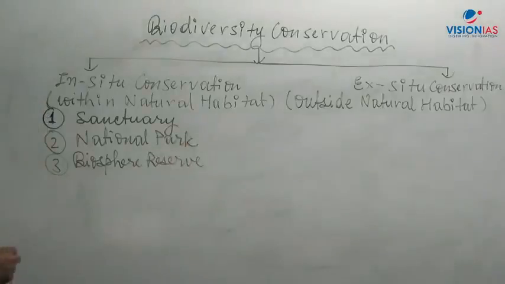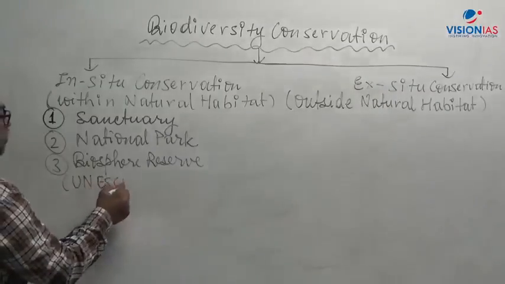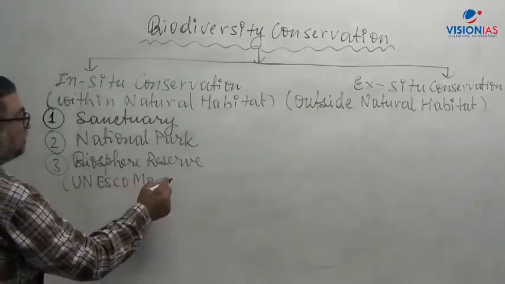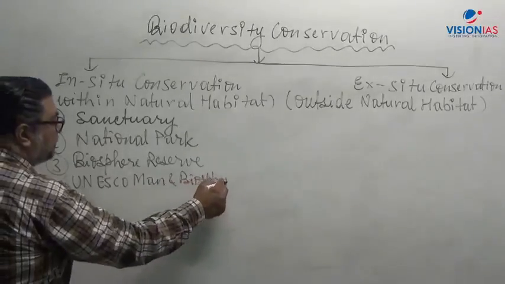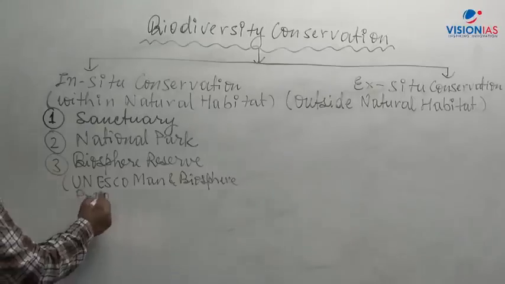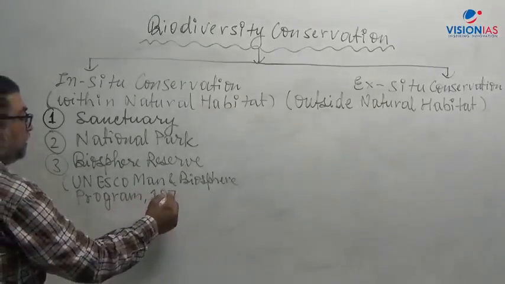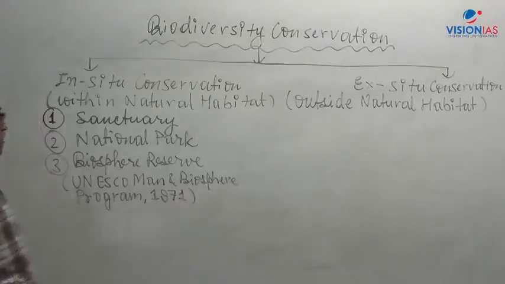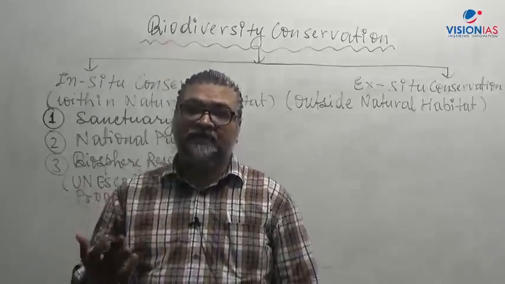Now, the biosphere reserve concept is a very unique concept. That is under a very important program of UNESCO. It's called the UNESCO Man and Biosphere Program. The Man and Biosphere Program was first initiated in the year 1971 by the intergovernmental organization UNESCO, the MAB program, where the concept of biosphere reserve has been defined.